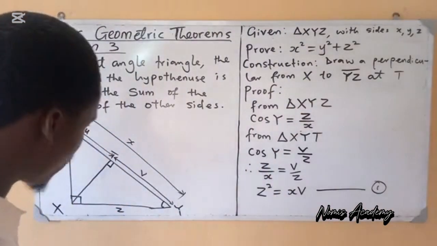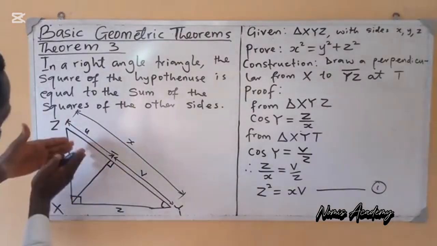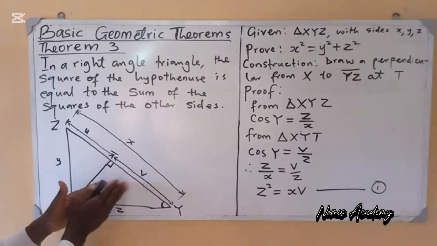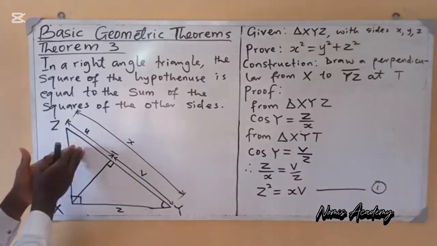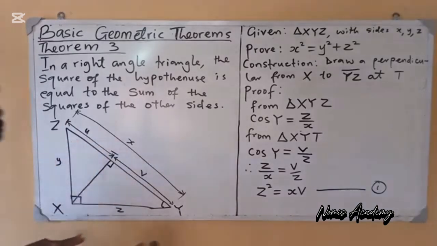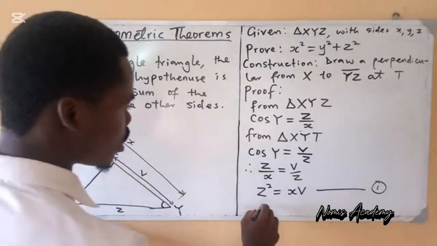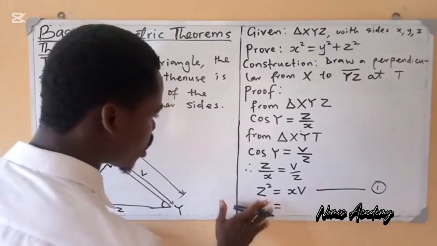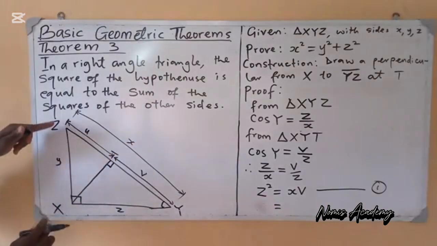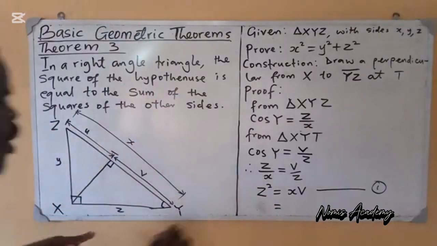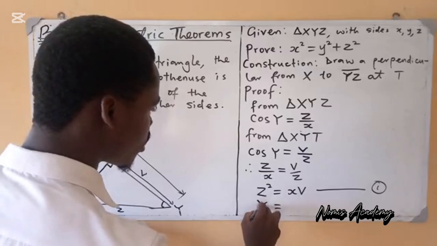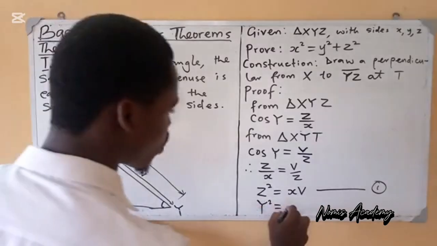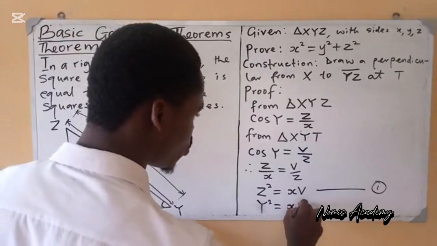So in a similar way, if we do the same thing we just did in this small triangle, if we do the same thing here, we will also get, not Z this time around, it's going to be Y. So we have Y square, that's the side Y. Y square will give us XU.